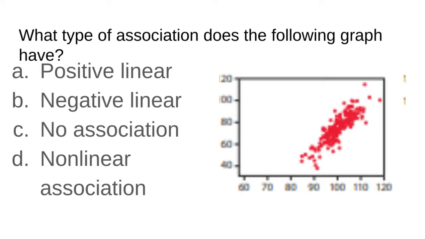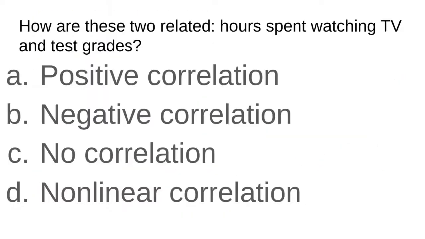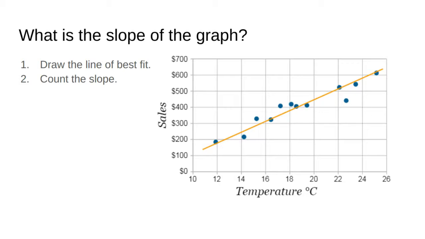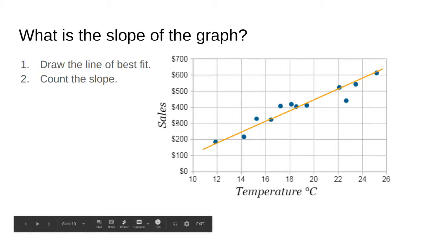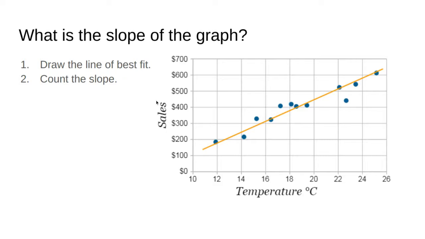Okay, so you're going to draw a line in between all of the data where you have about half the points above and about half the points below. Okay, so I have this data here with temperature and sales. Okay, we'll say sales of ice cream because it doesn't say. And I drew the line of best fit or the trend line in between all of that data.